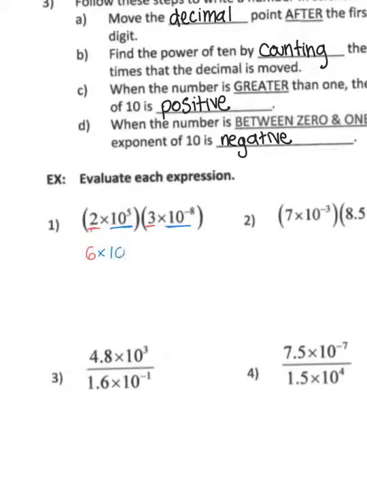So I'm going to have times 10, and I'm going to add the exponent. So I have 5 plus a negative 8. Now I can simplify that. That's going to give me 6 times 10 to the negative 3. So this is our scientific notation.